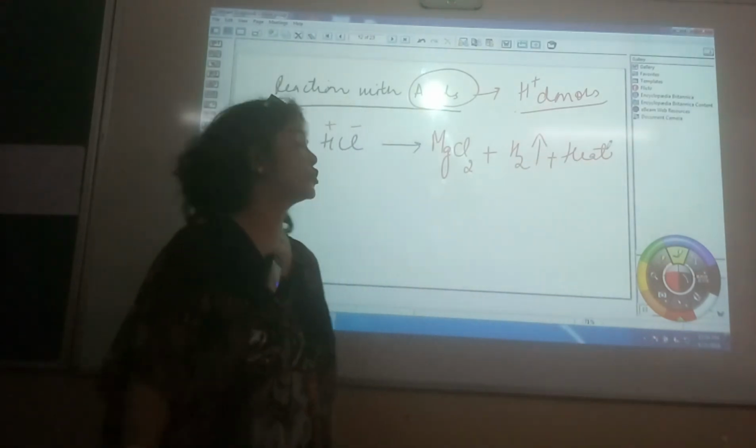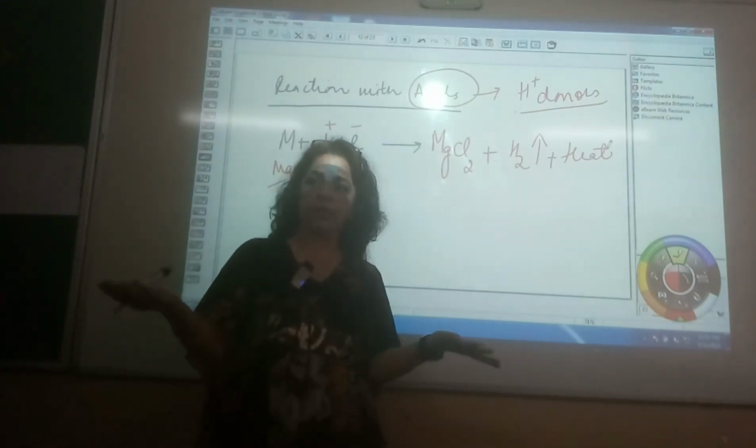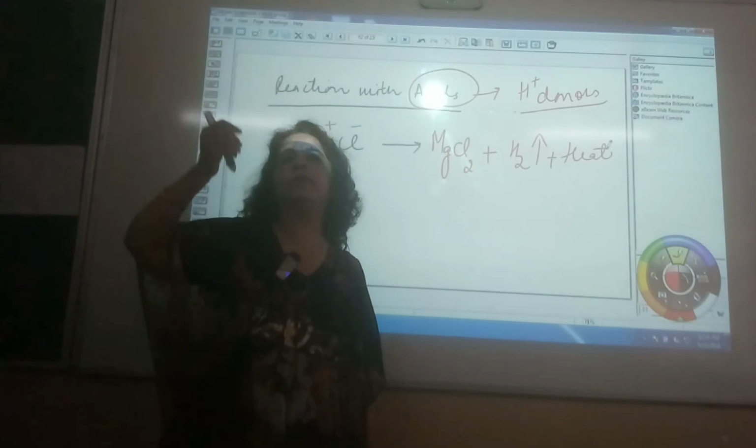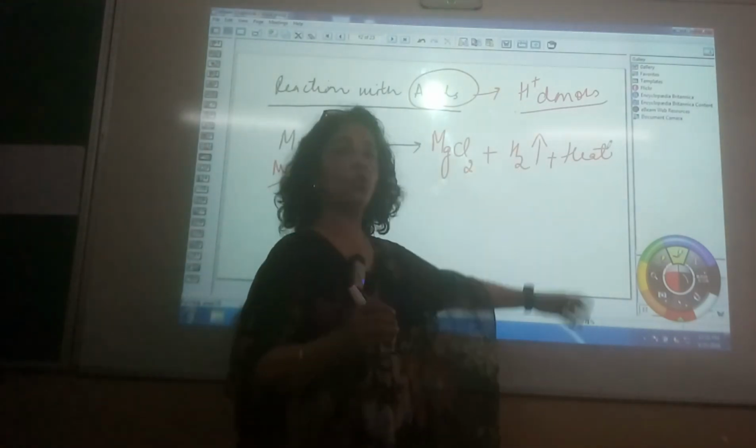When would the heat be large? When the element easily loses electrons. That means I am talking about the last member, barium. But if the element is higher up in the group, then hydrogen is still released, but the heat is not that much.